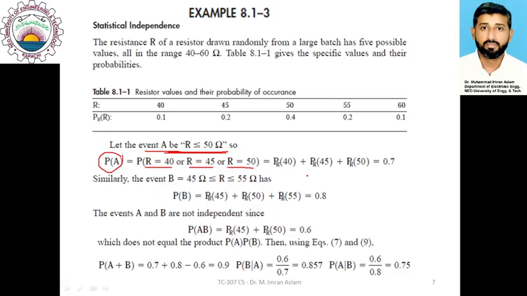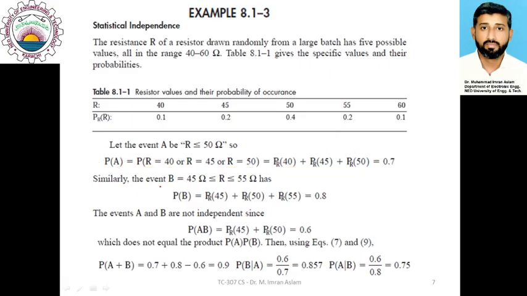I have emphasized the word or because in set notation, whenever you have the concept of or, that means you are having the concept of union. So this ORing is actually represented by union in the set, and as 40, 45 and 50 are also mutually exclusive, you can easily calculate the probability of their union by simply adding their individual probabilities. So probability of occurrence of 40, 45 and 50 are added together to calculate the total probability of occurrence of A.